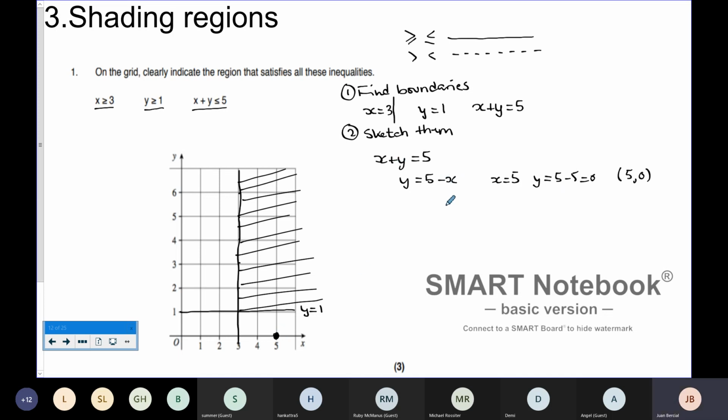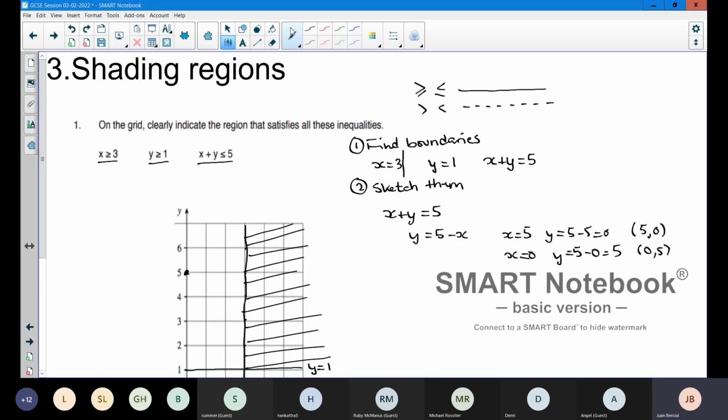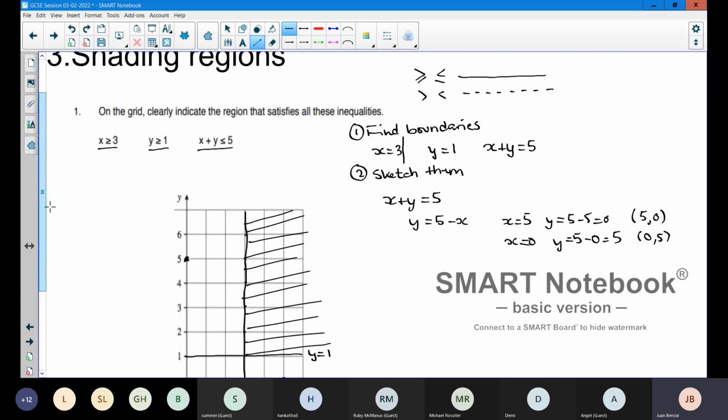And for example, when x is equal to 0, y is equal to 5 minus 0, which is 5. So it gives me the point 0, 5. So 5, 0, 0, 5. And I'm going to have to cheat using the ruler because it will probably be all over the place if I try to do it by hand.